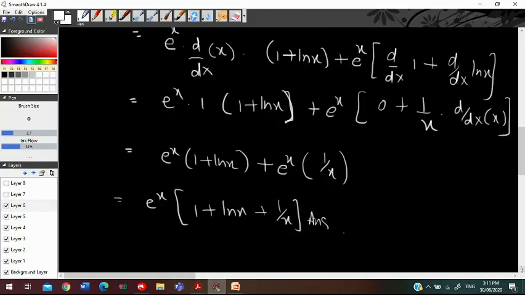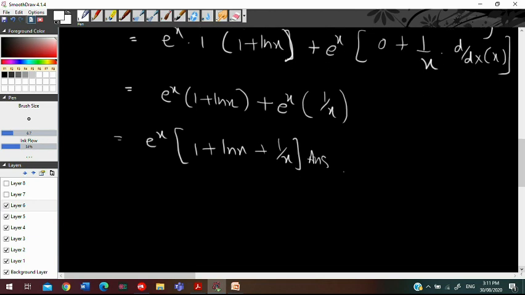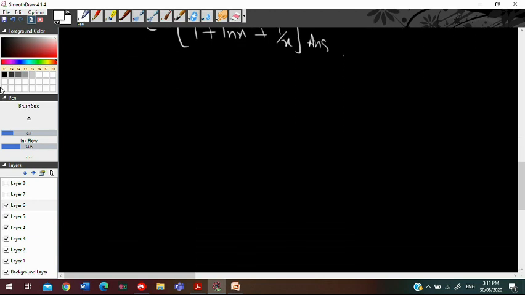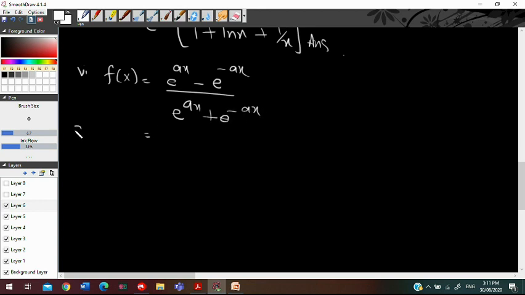Okay, the sixth part is f of x equal to exponential of ax minus exponential of minus ax divided by exponential of ax plus exponential of minus ax. So when we apply the derivative on both sides, first we apply the quotient rule.